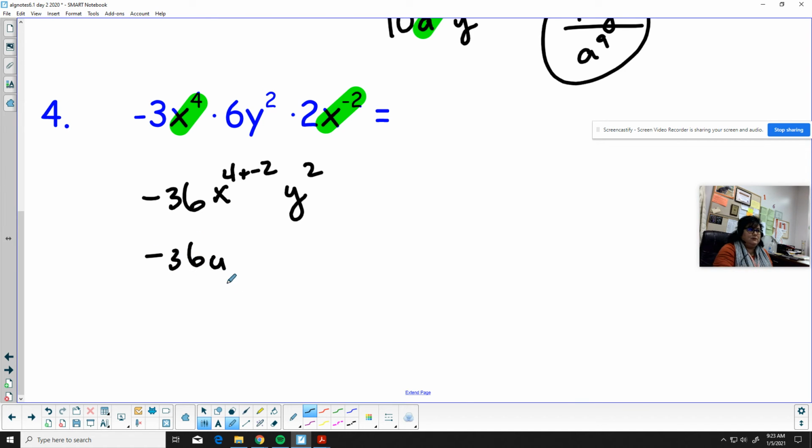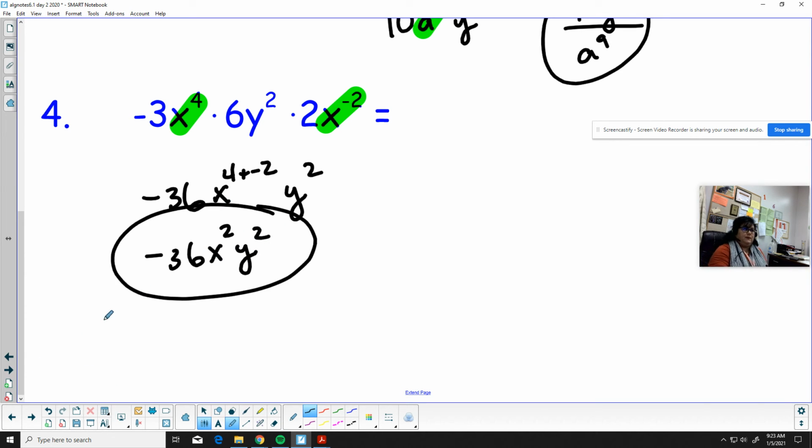So negative 36. Whoops, we need the x first because of ABC order. So x to the 2, y to the 2 is my final answer there. So all I'm doing is multiplying the numbers, the coefficients correctly at the front. And then I'm looking for the ones that have same base and I'm adding those exponents. That's really all I'm doing.